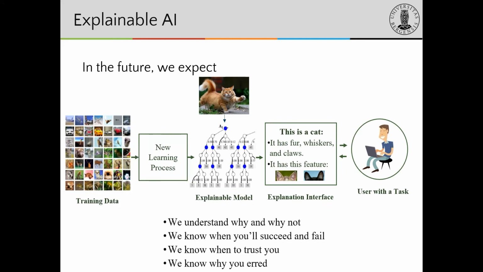Based on this structure, we can understand why and why not the model makes a decision. And also we can know when the model will be successful or when it will fail. We will know when to trust the model, and we know why the model may make a mistake. So this is what I hope we can achieve in the future, and then it will be perfect.